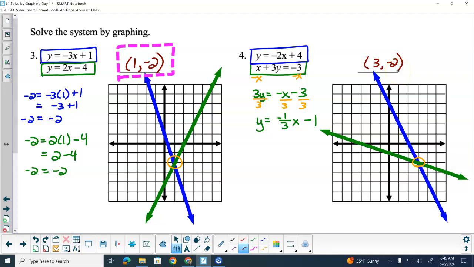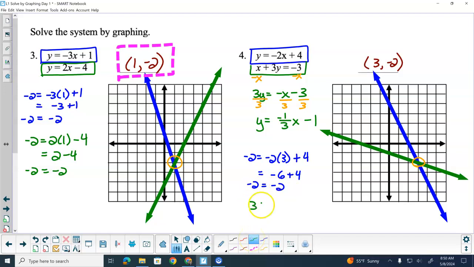Okay. So if I plug that back into my blue equation, I would get negative 2 equals negative 2 times 3 plus 4. Negative 2 times 3 is negative 6. Negative 6 plus 4 is negative 2. And negative 2 is equal to negative 2. Checks out. Then I gotta plug it back into my green equation.